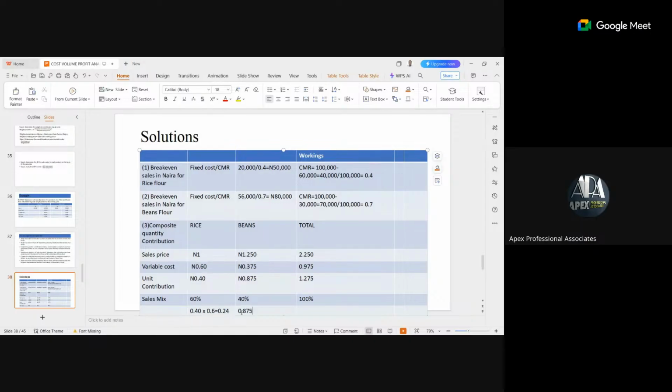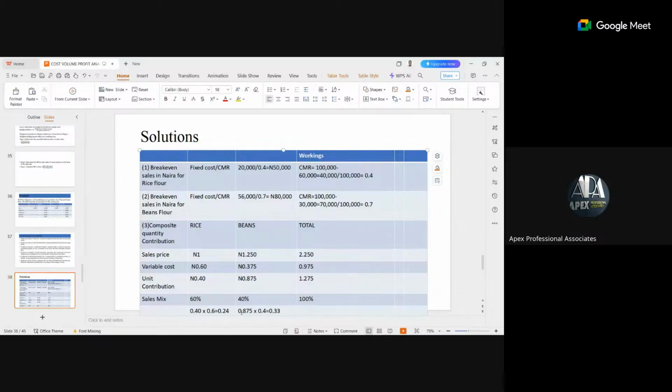Then 0.875 multiplied by 0.4. Let me use my calculator.